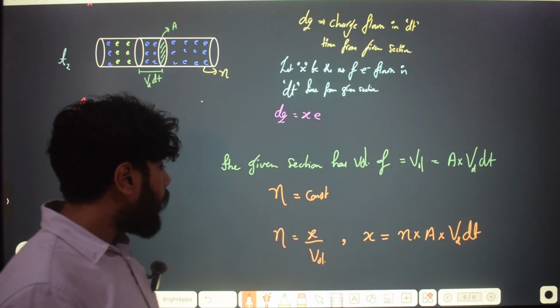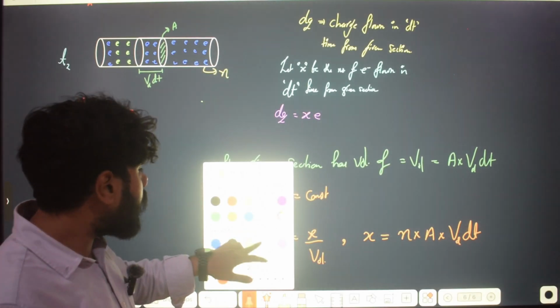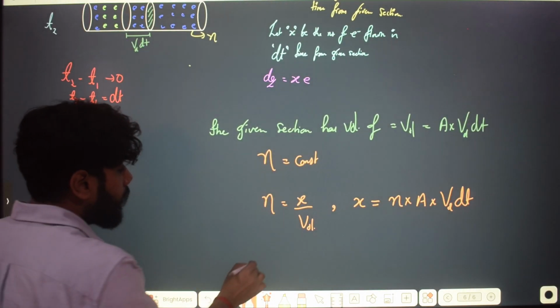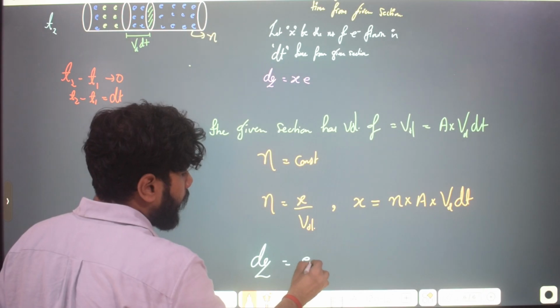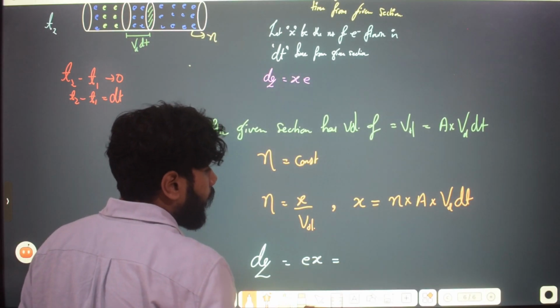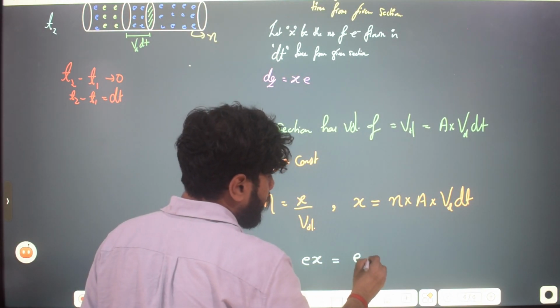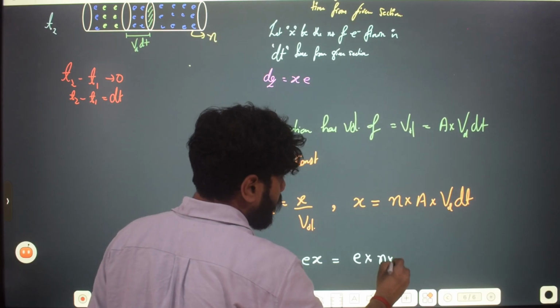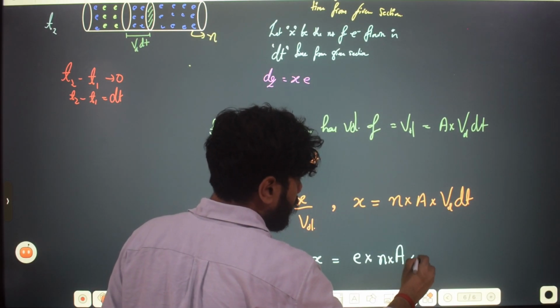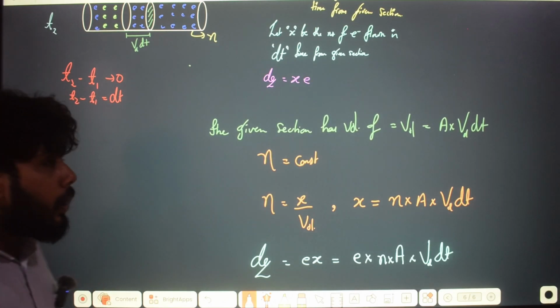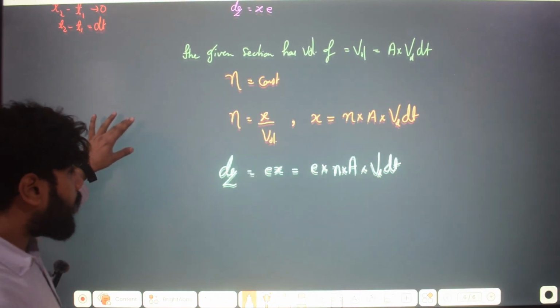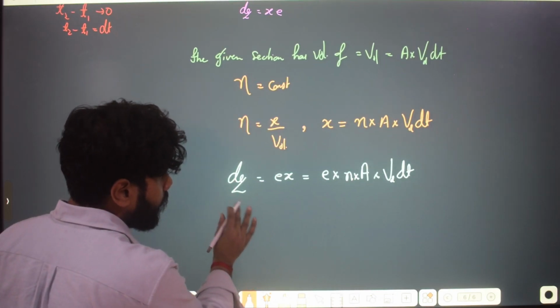Correct? The moment we get the number of electrons, I can say the total charge which we were interested to calculate will be just e times x, right? Now if you remember, current is what?